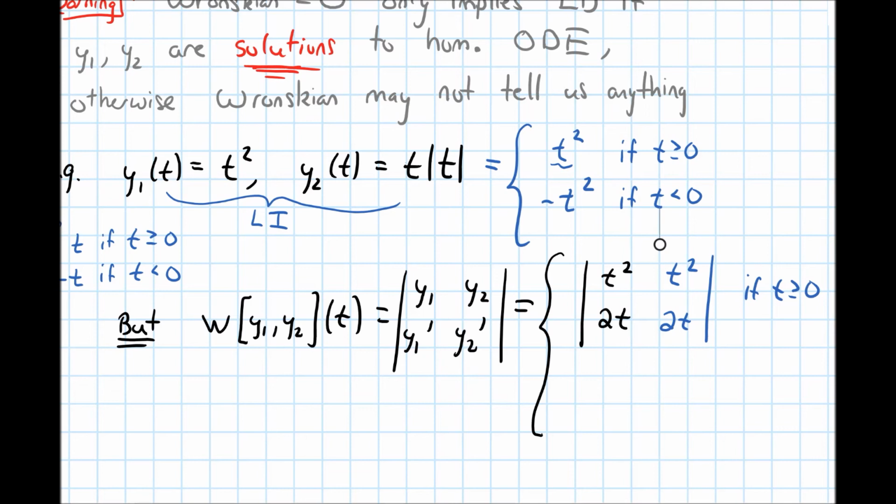But it could be equal to one other possibility. So the first function is still t squared. Its derivative is still 2t. But if y2 was negative t squared, then its derivative would be negative 2t. So that's going to be the case if t is less than 0.